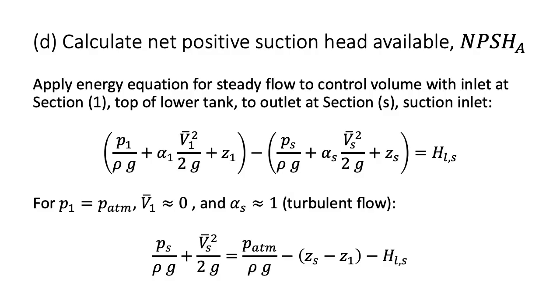For this case, the velocity at section 1 can still be assumed to be 0, but the pressures do not cancel, and the velocity at section S will definitely not be 0. However, we will assume it is still turbulent with a flat profile, and the kinetic energy coefficient can be approximated as 1. Using these values, we get the following relation for the conditions at the suction inlet.